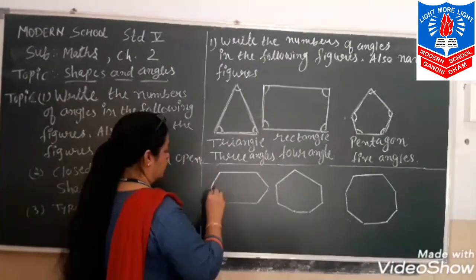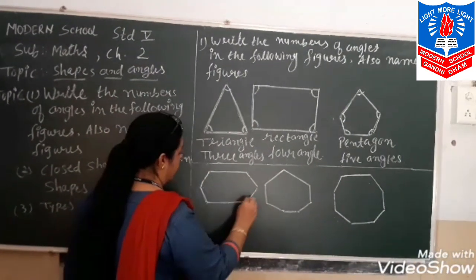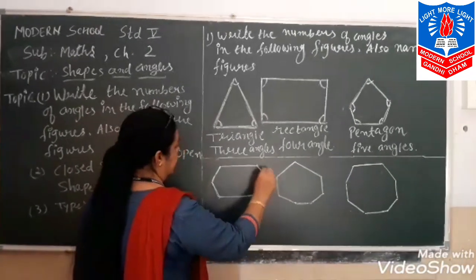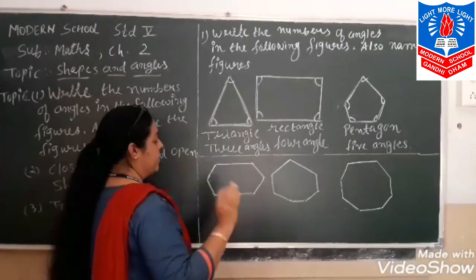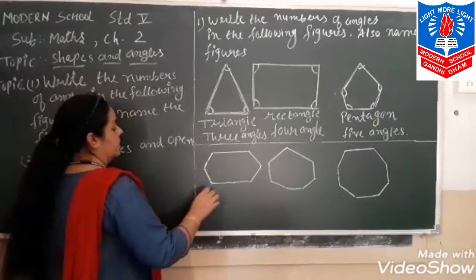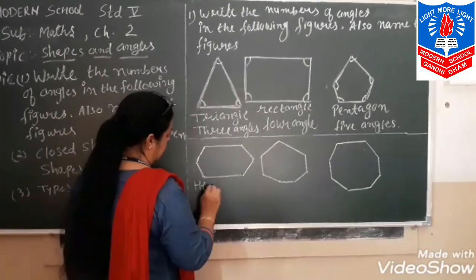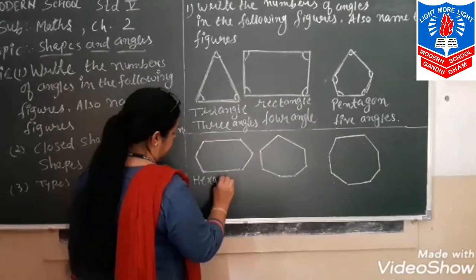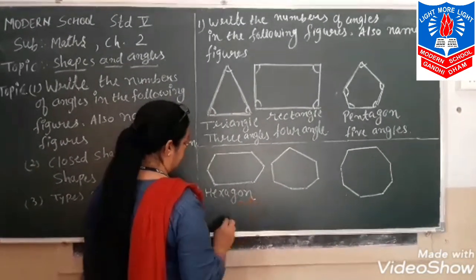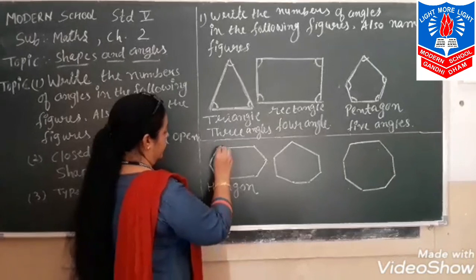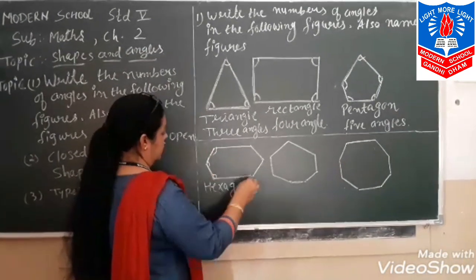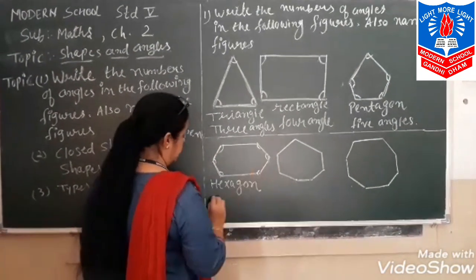Then this figure, see how many line segments? 1, 2, 3, 4, 5 and 6. It means this figure has 6 sides. So the name of this figure is hexagon. And how many angles? 1, 2, 3, 4, 5 and 6.